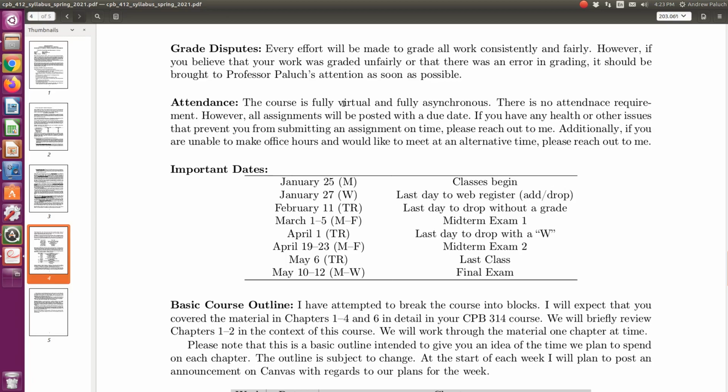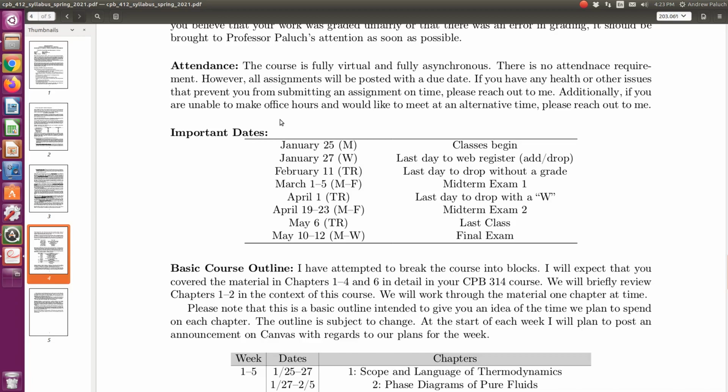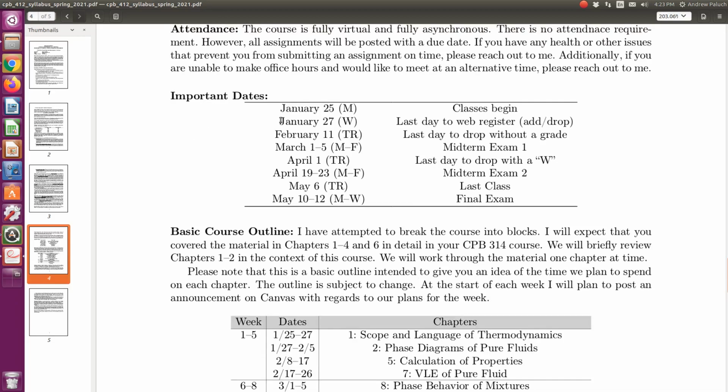Attendance: there's no attendance. The class is virtual and asynchronous, so no attendance policy. Again, though, there will be due dates for material that we'll try and stick with. Okay, so here's a table of some important dates from the academic calendar.